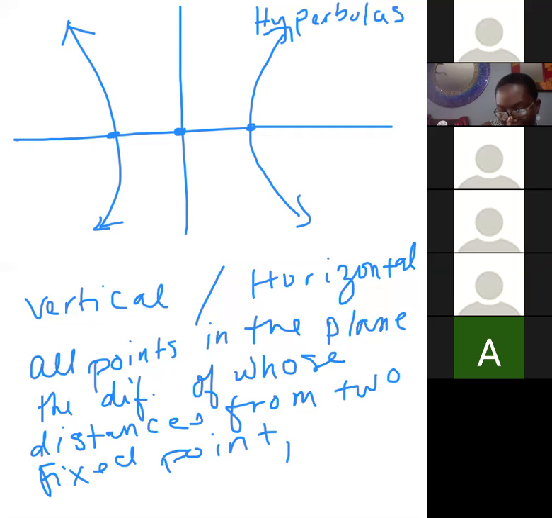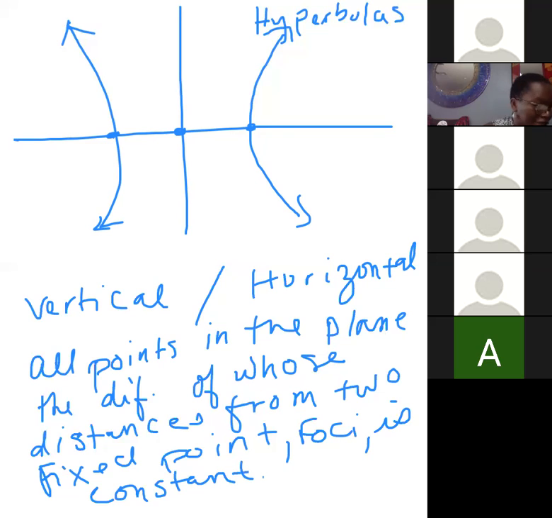The foci, guys, is constant. Now, on this one right here, guys, you need to be very careful. The foci, they're located inside these little parabolas here, okay? So the distance from these 2 fixed points, whose difference will represent all the points on that hyperbola.